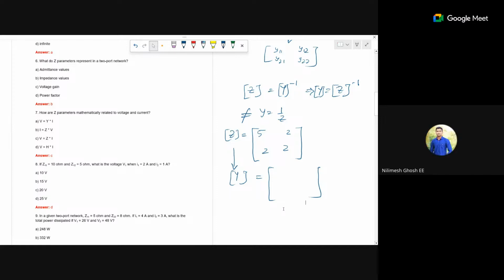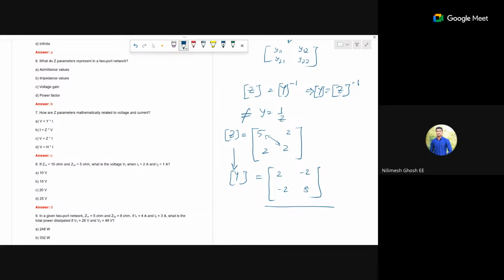So what is the adjoint matrix here? It will be 2, minus 2, minus 2, 5. For a 2 cross 2 matrix, finding the adjoint is very easy. We interchange the main diagonal elements, and the off-diagonal elements are reversed in sign. That's why we make this negative sign here.